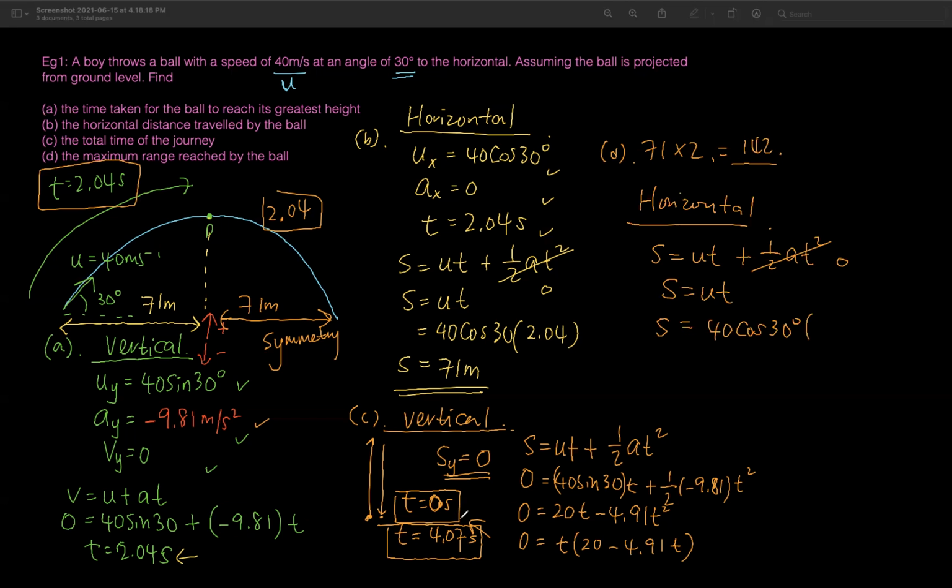Time, put which one? The one that you calculated in C. This is 4.07. Don't put the wrong time. If you put 2.04, that is the mid-range. Put 4.07. So that is, you get 142. That's how you solve a projectile motion.